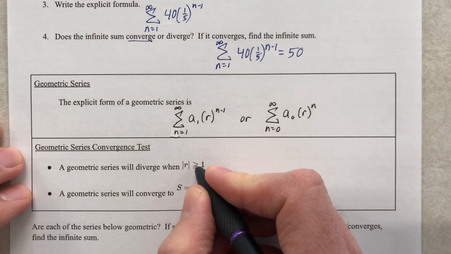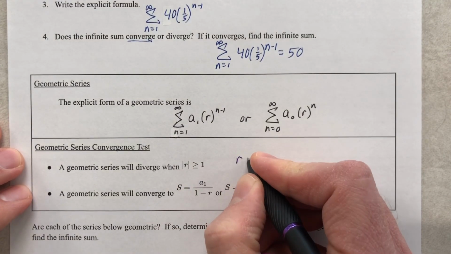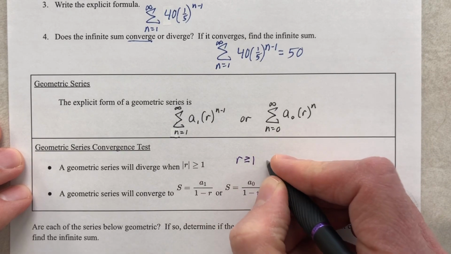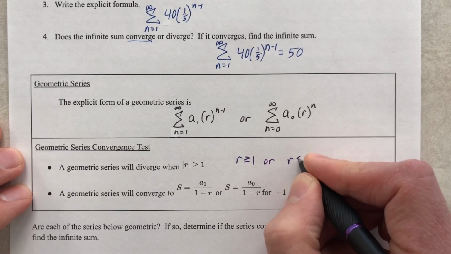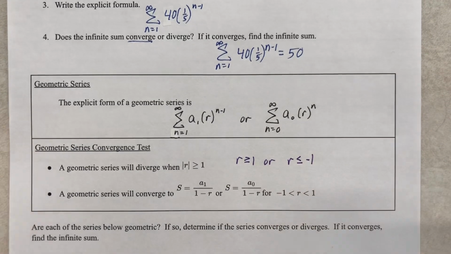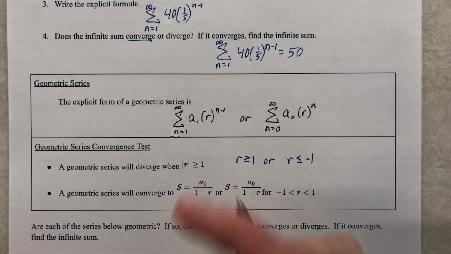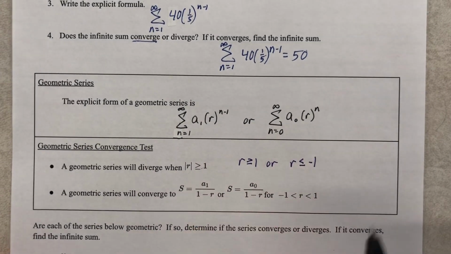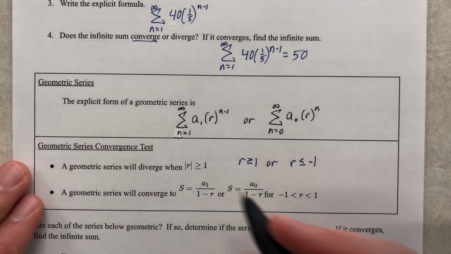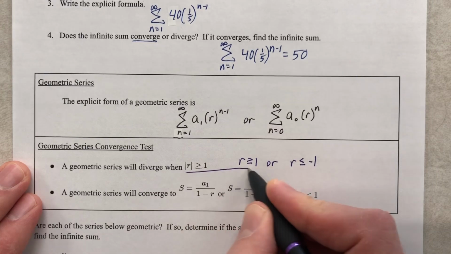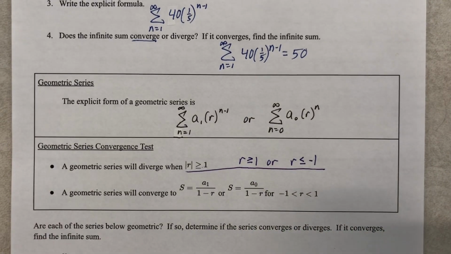If I say absolute value of r is greater than or equal to 1, I'm saying that r is greater than or equal to 1, or that r is less than or equal to -1. It's the same situation. If you graph this on a number line, you would be dealing with the numbers less than or equal to -1, greater than or equal to +1. So this is equivalent to that. They're all the same thing.